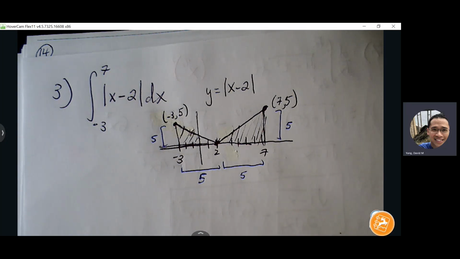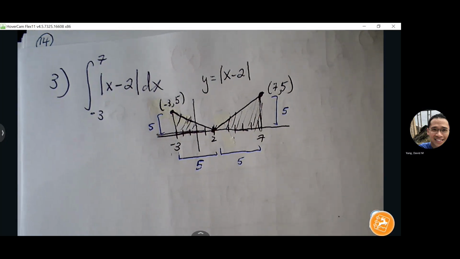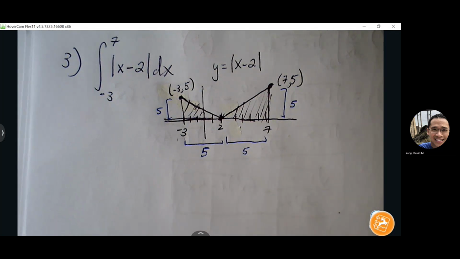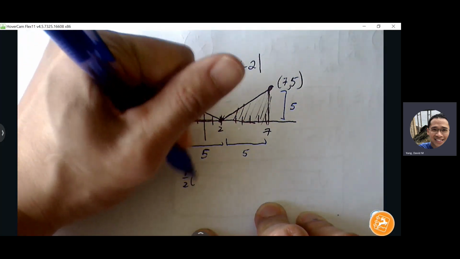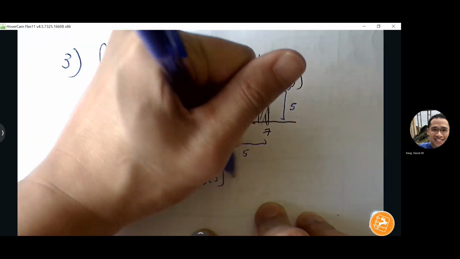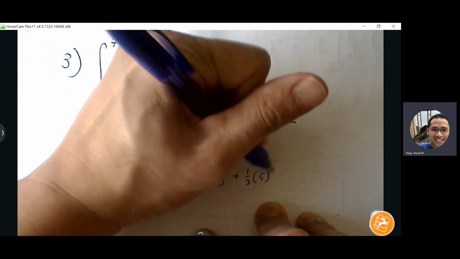Yeah, they both have the same dimensions. Let me just finish this here: 1/2 base times height, plus 1/2 base times height.